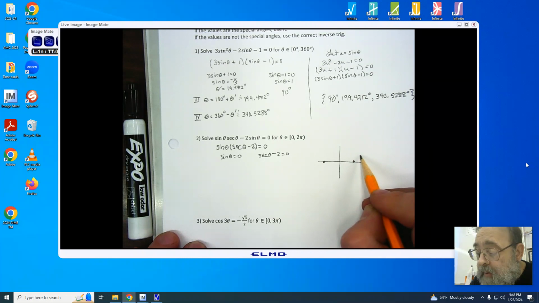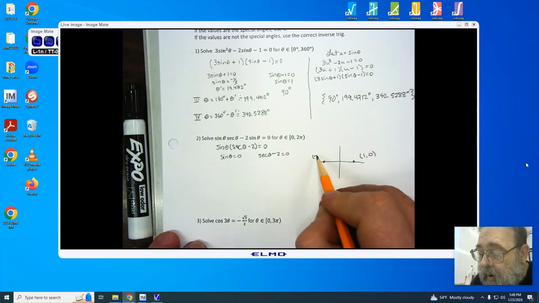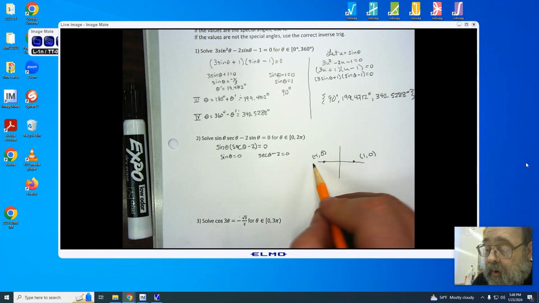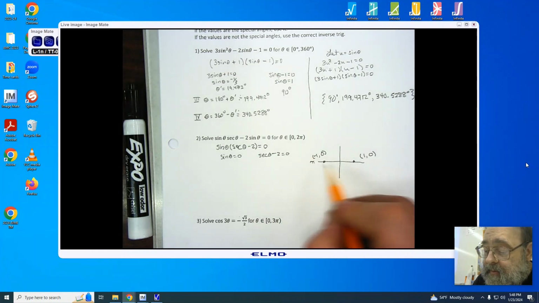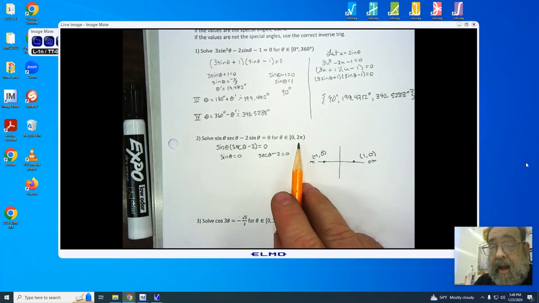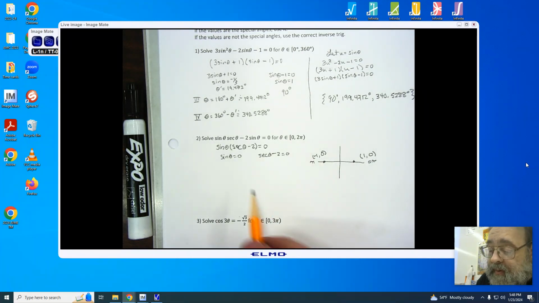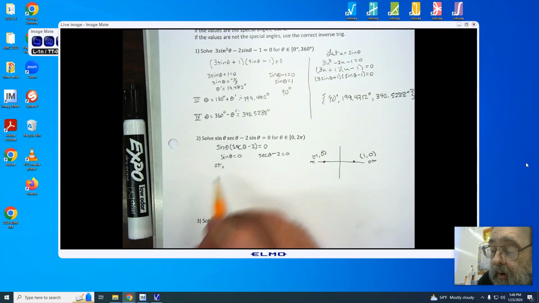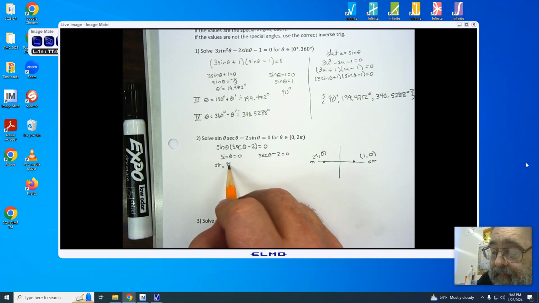Notice that the points that we would have would be (1, 0) and (-1, 0), and the sine is in the y value. So we're looking at 0 and pi in radians. Do not include 2 pi as it is not part of the domain represented by the parenthesis. So I now have 0 and I have pi.